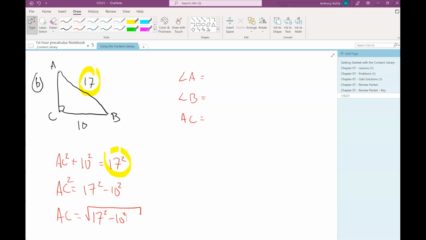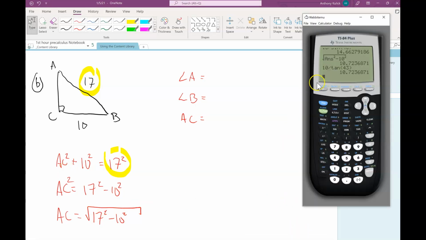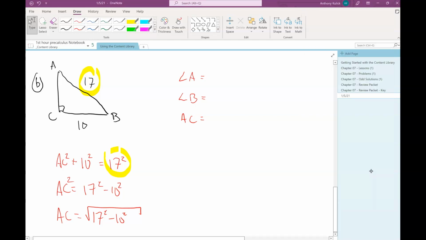And we go to our calculator, and we have 13.74. Everybody happy there? Pretty easy.